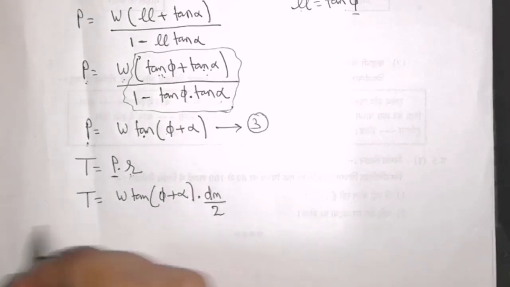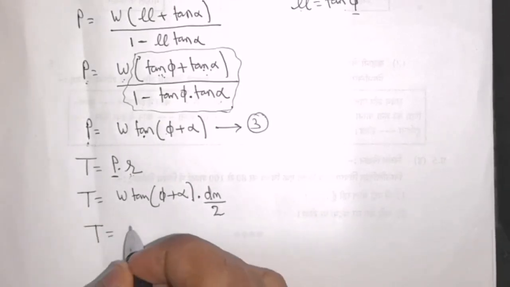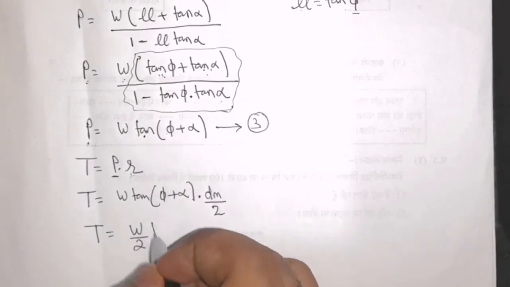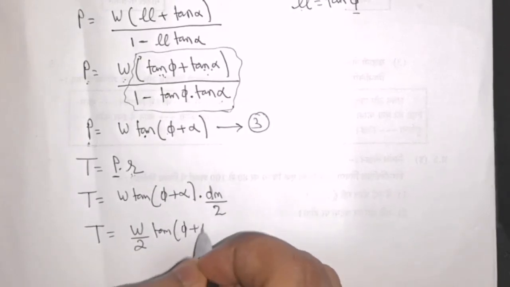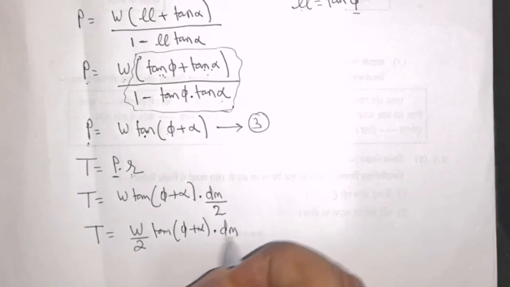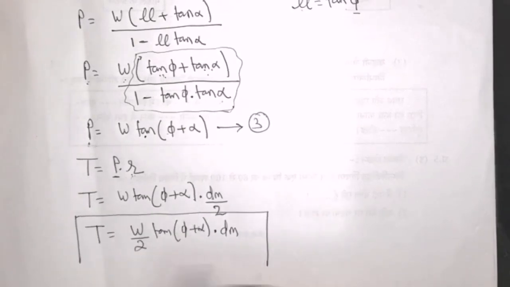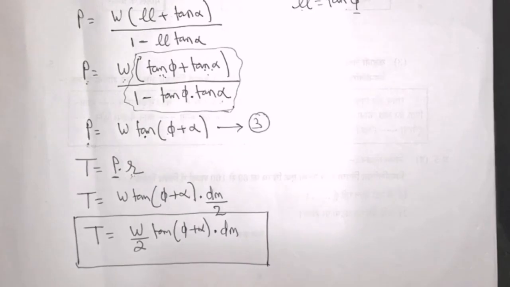So finally, on rearranging I will get T is equal to W by 2 tan of phi plus alpha multiplied by dm. This becomes the expression for the torque required to lift the load.